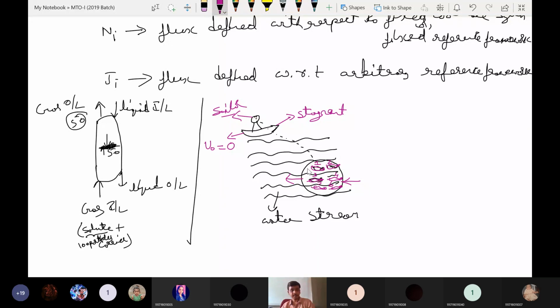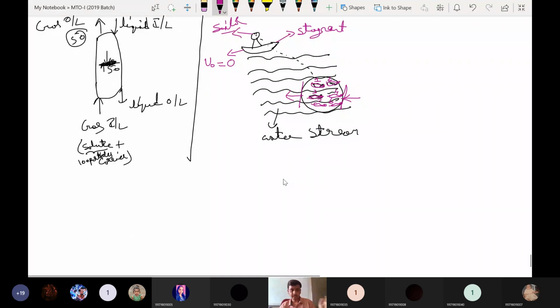Then the flux is nothing but the amount of the quantity which is transferred from one place to another place, means the number of fishes which are entering into the system from this location to this location divided by per unit surface area per unit time. So that is nothing but flux. According to our flux definition, which is moles per unit area per unit time.